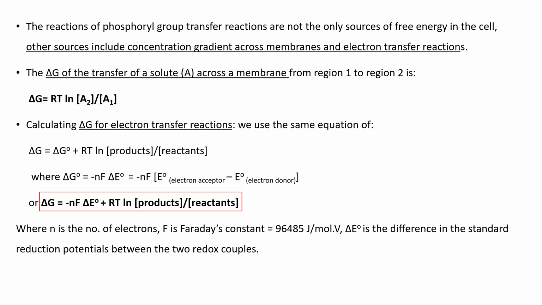It will equal the standard reduction potential of the electron acceptor minus the standard reduction potential of the electron donor. So delta G will equal minus nF delta E node plus RT ln products divided by reactants.